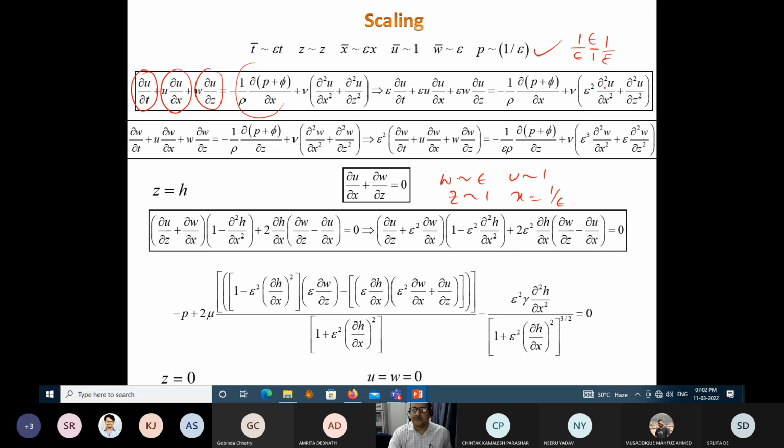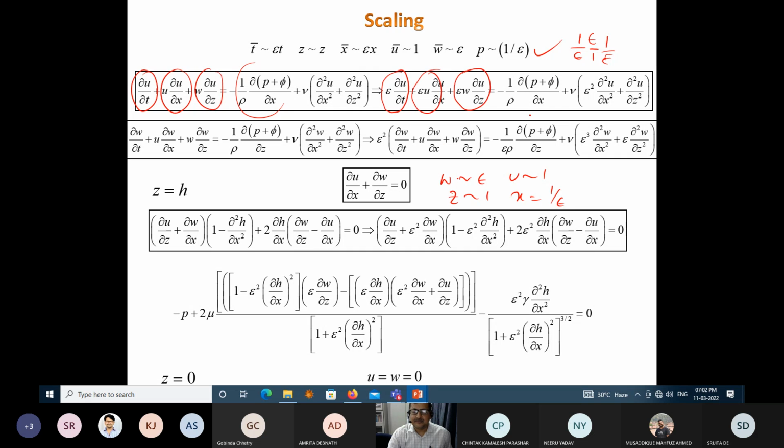U is of the order of 1, so this will be epsilon square. Z is 1, U is 1, so this remains as is. Z is 1, U is 1, this remains as is. So if I just enforce this scaling, I'm going to get an order of magnitude where this is epsilon, this is epsilon, this is epsilon.